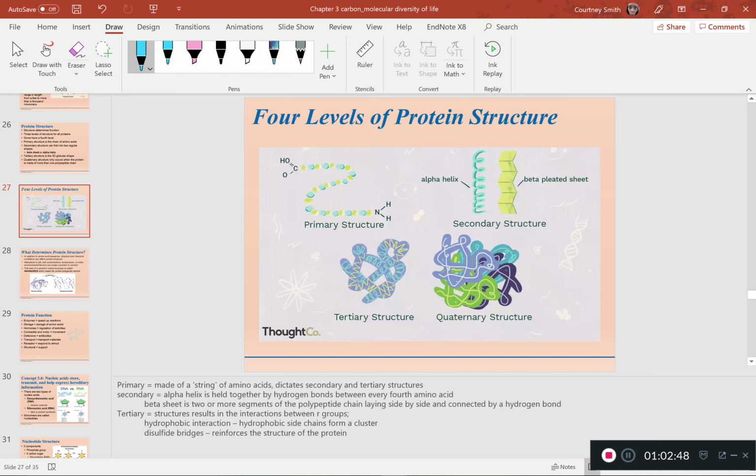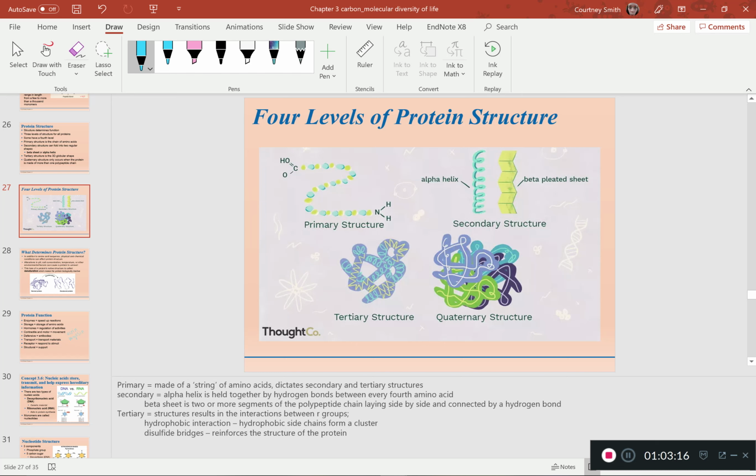An example of quaternary structure is hemoglobin. Hemoglobin is huge for transporting oxygen within our blood. If we did not have hemoglobin, I don't know how we would survive. As well as DNA polymerase, which plays a huge role in replicating and transcribing our genomic information, so that's huge.